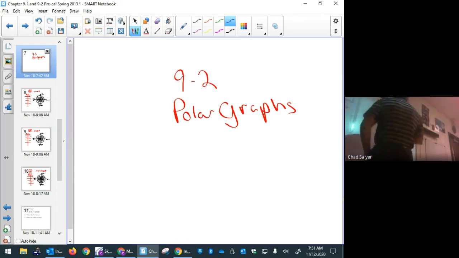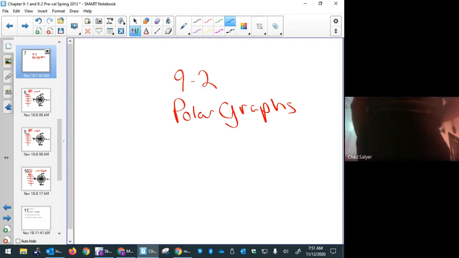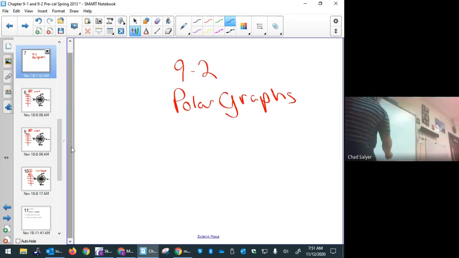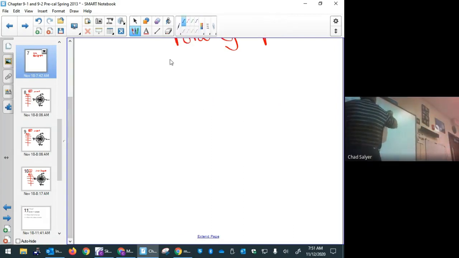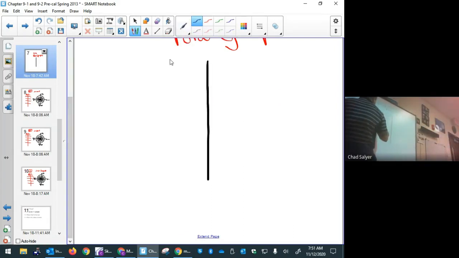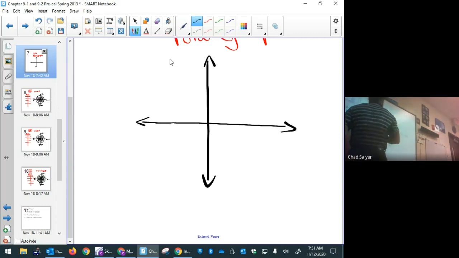Okay, so a little bit more complicated expressions. R as a function of theta in the polar plane. And remember, the polar plane works like this. So you've got two axes. And the distance from the center is the r.